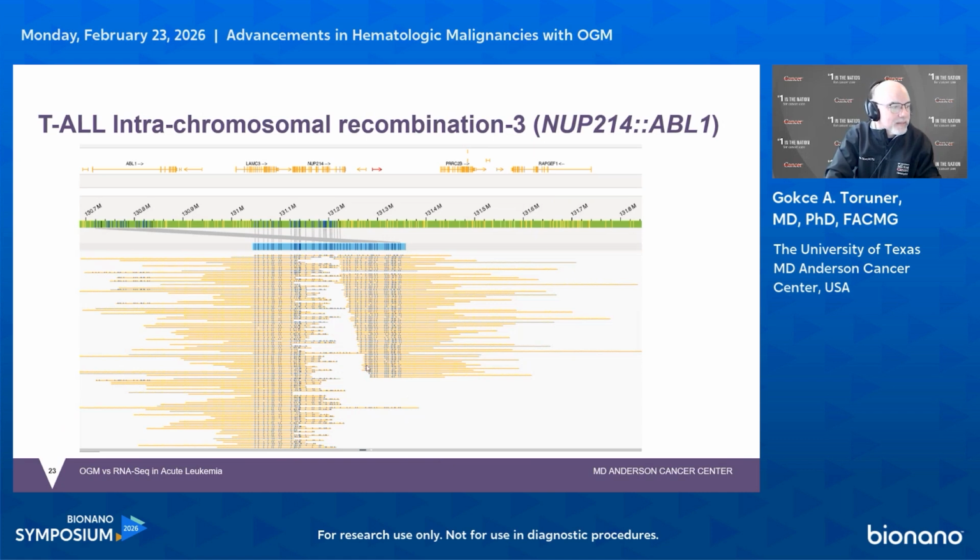Yeah, they are there, but there aren't many molecules that bridge from NUP214 to ABL1. I see this one perhaps, and perhaps this one. Only two molecules. There is no way it can be called.